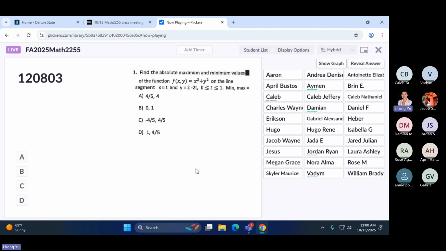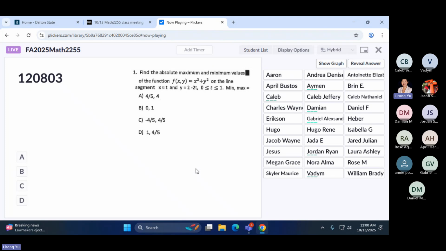All right, on the board, we have today's attendance question. This is to try to find the maximum value and minimum value of the two variable function on the line. The line is already represented with a parametric equation, x equal to t, y equal to 2 minus 2t.